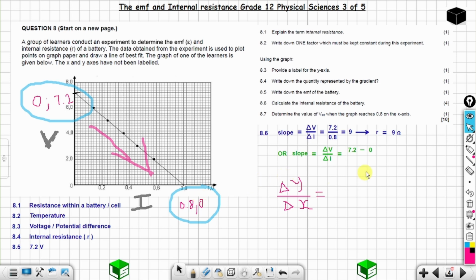Now, you have over change in the x. The first coordinate is always your x. The second coordinate is always your y. Now change in the x. We start from this point, 0 minus 0.8.